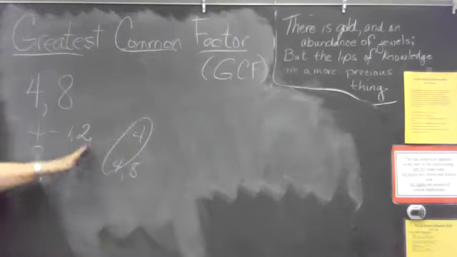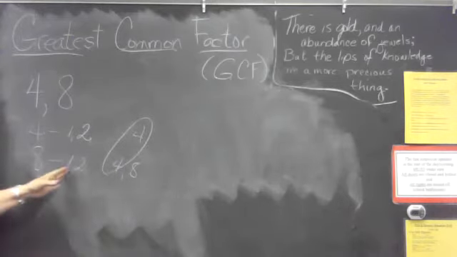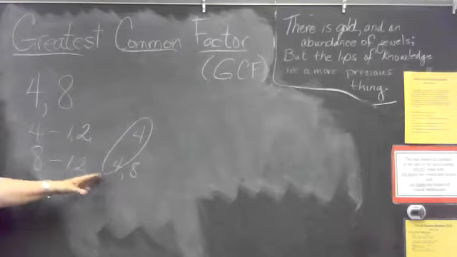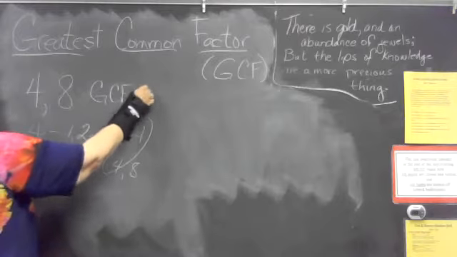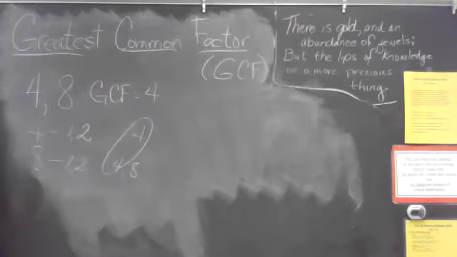See, this is a common factor, and this is a common factor, but we want the greatest common factor. So the GCF for these will be 4. Now just concentrate on being able to get the GCF for now. And if we get far enough, I'm going to show you what we're going to do with the GCF. Any problems here?